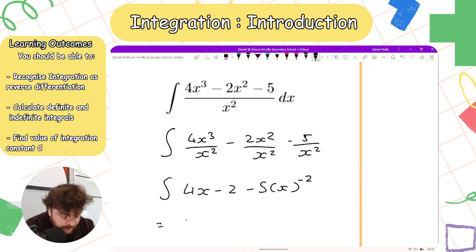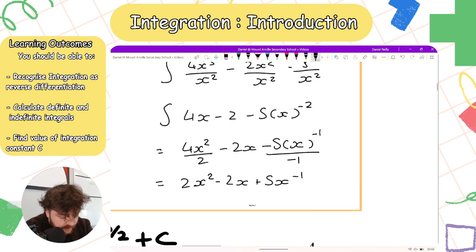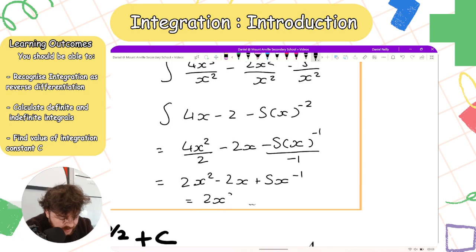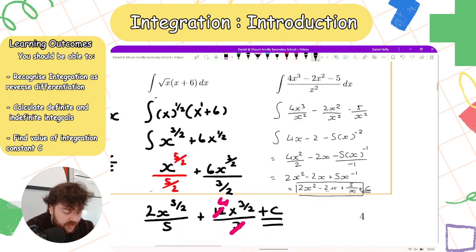Increase the power by 1, divide by the new power, so it'd be 4x squared divided by 2 minus 2x minus 5 times x to the power of minus 2 plus 1, which is minus 1, divided by minus 1. I'm left with 2x squared minus 2x plus 5x to the power of minus 1, and that is 2x squared minus 2x plus 5 over x. And that is my, oh, and what did I forget? Forgot my plus c, so add your plus c there.